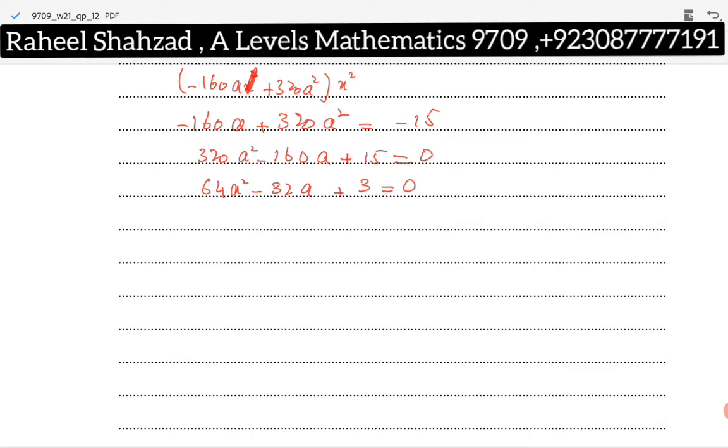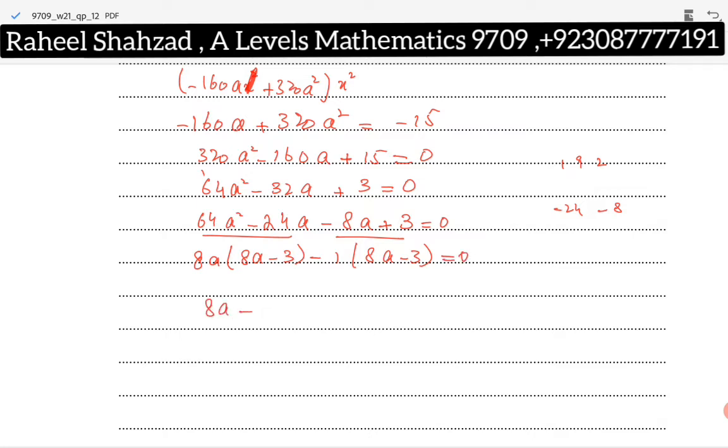Now in order to make factors by middle term breaking, we have 64a square minus 24a minus 8a plus 3 is equal to 0. Okay, we take 8a common, so 8a(8a minus 3) minus 1(8a minus 3) is equal to 0.